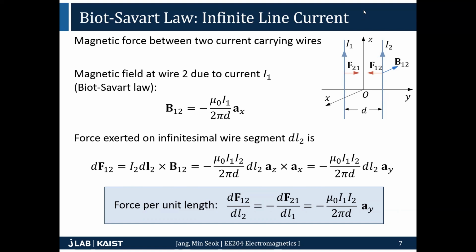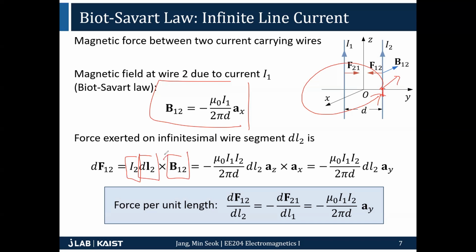Let me draw it. This direction, right? Because current I1 exerts a magnetic field in this direction, at this position it is going to be minus a_x. So you have the B field amount. And then the force exerted on this line segment is I2 dL2 cross B12, right?